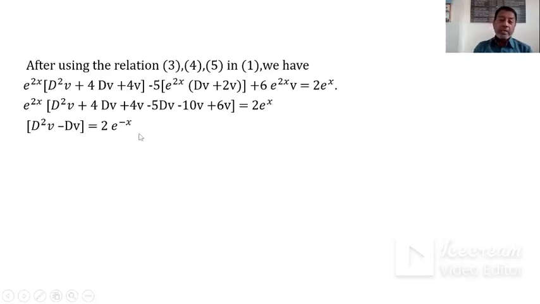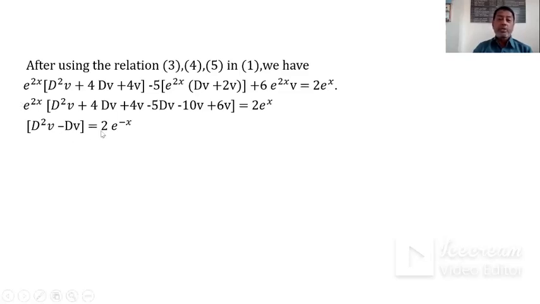Now remember that with this substitution y = y1·v, we substitute the values of y'', y', and y in the given equation in terms of v, and we obtain this equation.